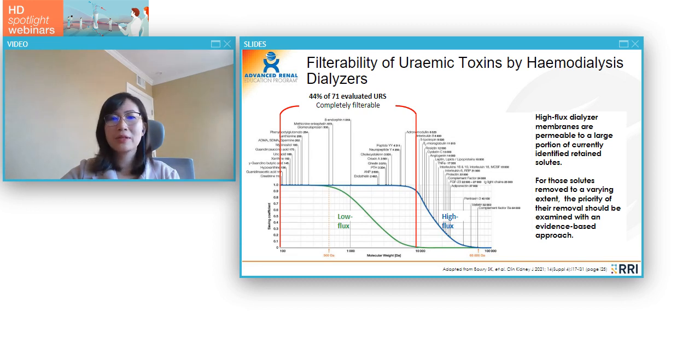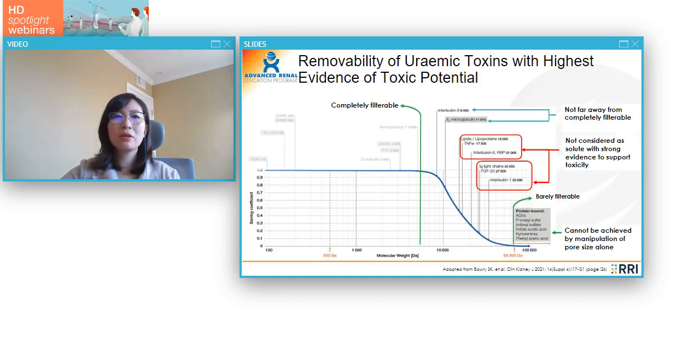They are the molecules with molecular weight larger than 10,000. So the priority of their removal should be examined by how confident the evidence is on their toxicity, in my opinion. So we will take a closer look at those toxins in the next slide.